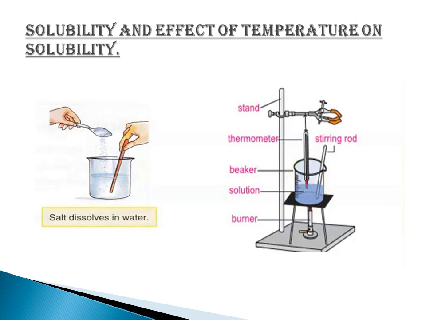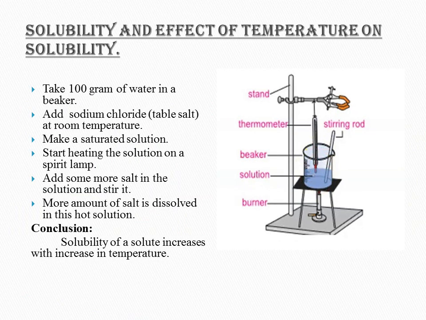Now we will discuss how the solubility of a solute increases with an increase in temperature. Take 100 grams of water in a beaker, add some sodium chloride at room temperature, and make a saturated solution.